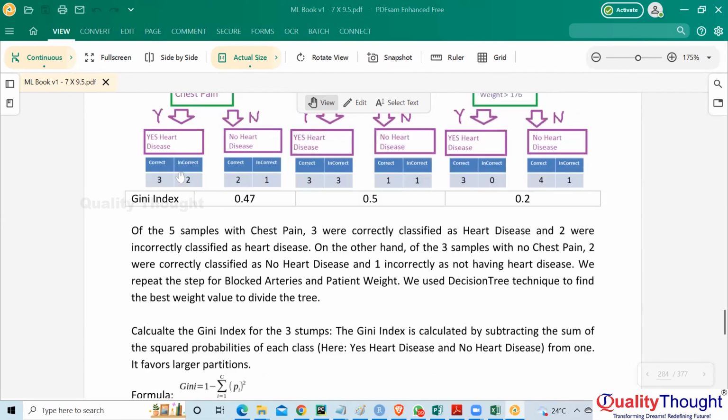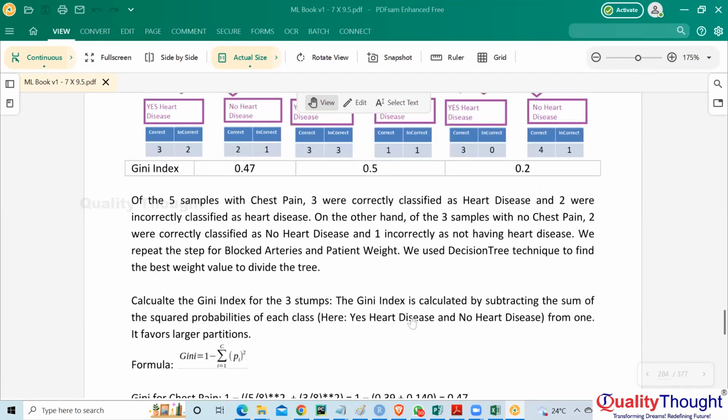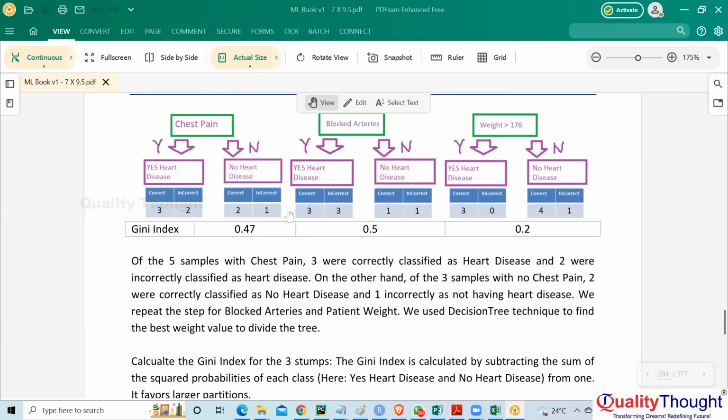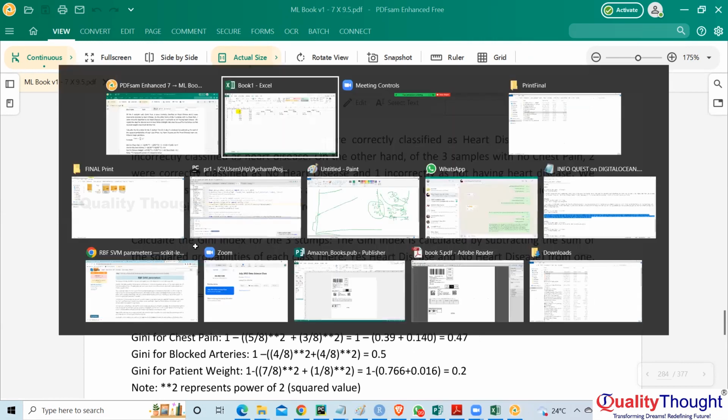Now if you see how many we got correct, it is 5 out of 8. So the probability of getting correct here is 5 by 8, and you square it, 5 by 8 squared. Then the probability of getting wrong is 3 by 8, squared.